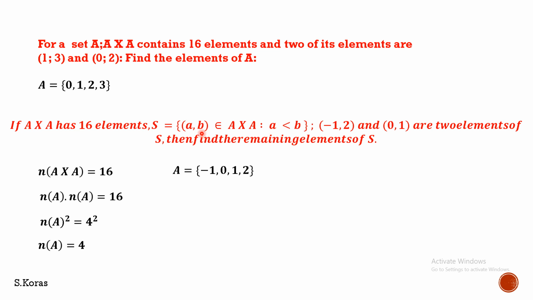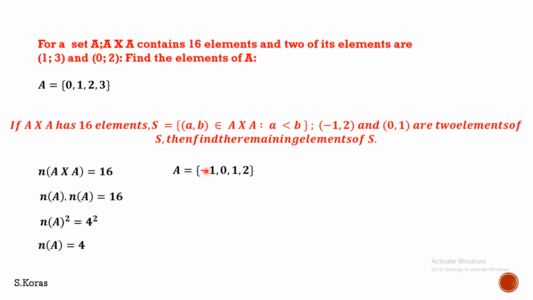So let us do one thing. Let us try to find all the S elements such that whenever we have this ordered pair, the first element should be lesser and the second element should be bigger. Both are from the set A, A cross A. This is also from capital A. This is also from capital A.